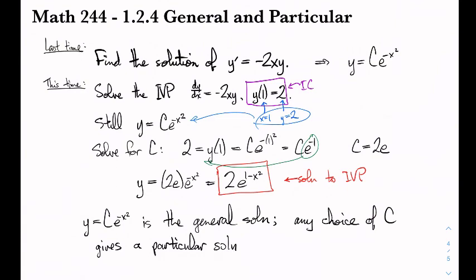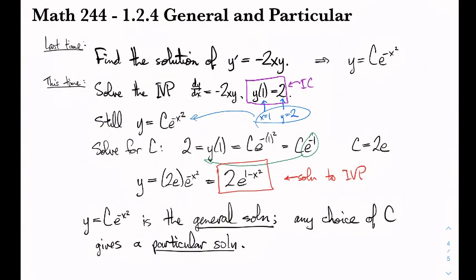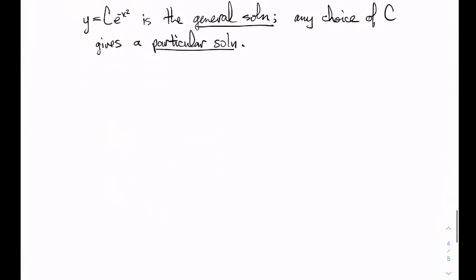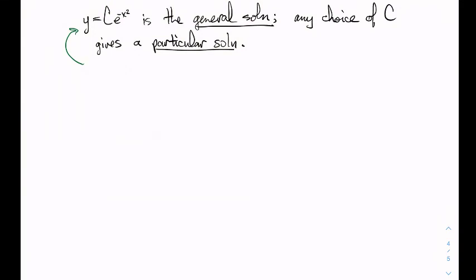So those are the two terms that I'm interested in, general and particular solution. I also said that the general solution is a one parameter family of solutions. And the meaning of this is best illustrated by this particular picture right here.